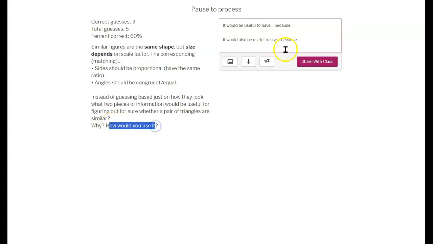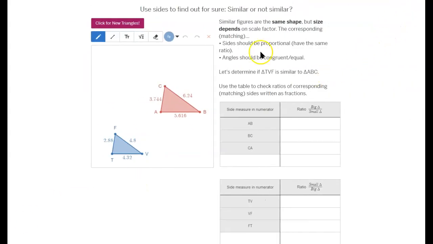So how would you use it and why? Within the Desmos activity is a video that can help you out. You can use that, like it says, if you want. And then you can go through each one of these slides to find out for sure if they are similar or not similar.